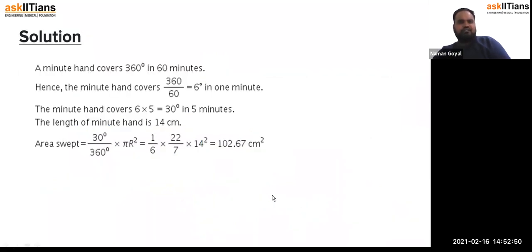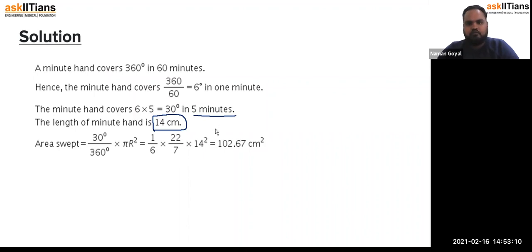Okay. Now basically if you see the solution, in the solution it takes the time as 5 minutes and the length as 14 centimeter. Okay, so you can do this again. If you want, you can do this.